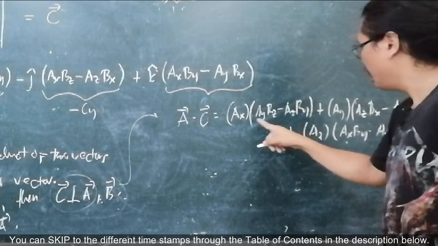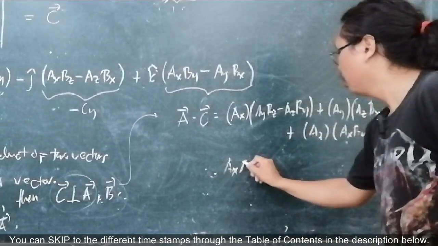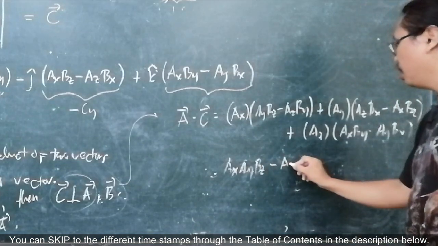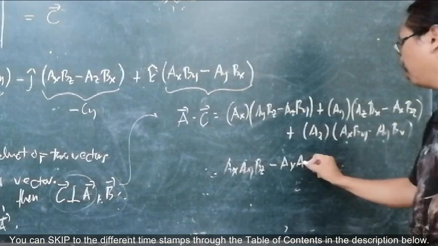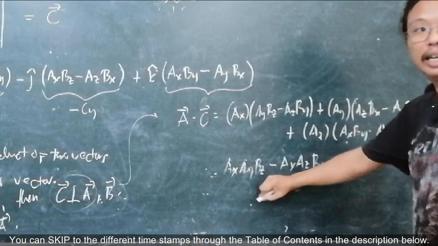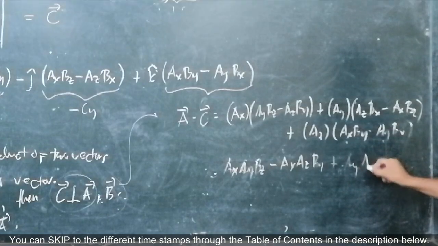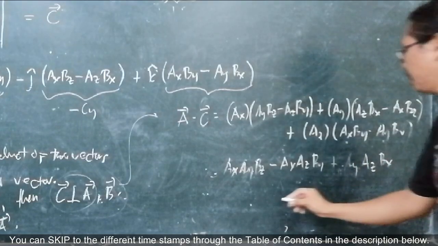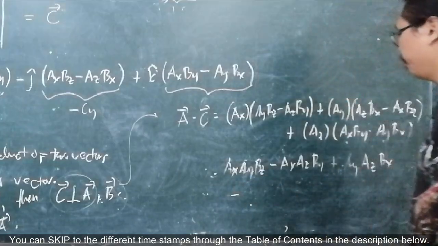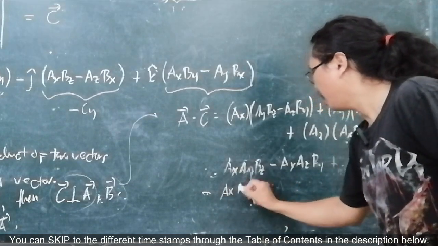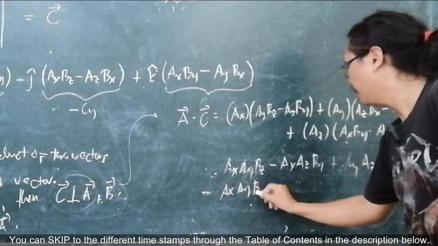So this is AX AY BZ minus AX AZ BY plus AY AZ BX minus AX AY BZ. Always AX AY BZ, right?